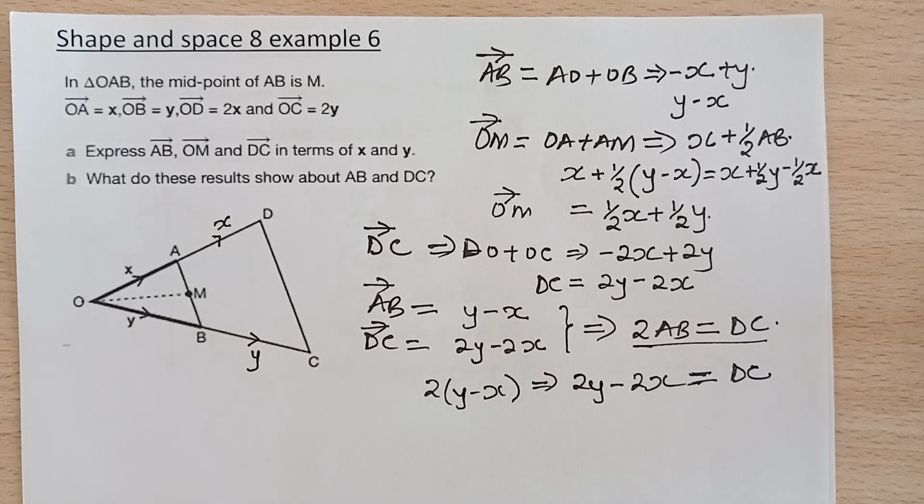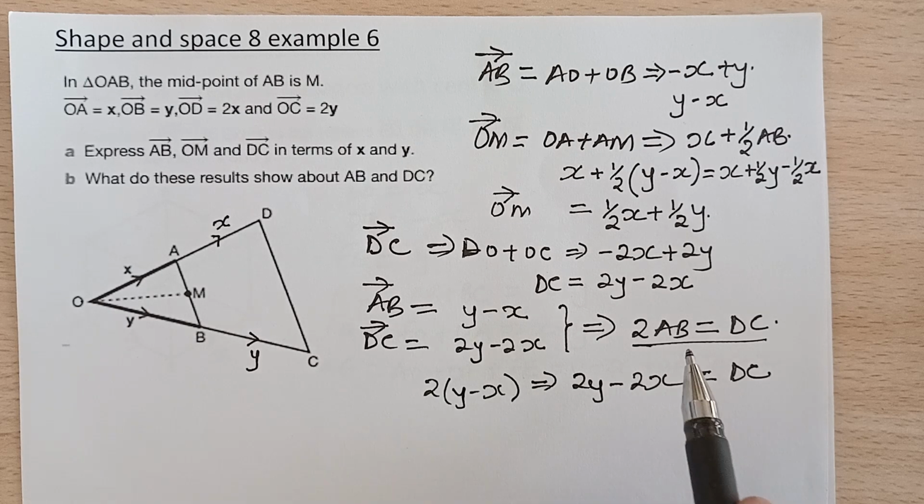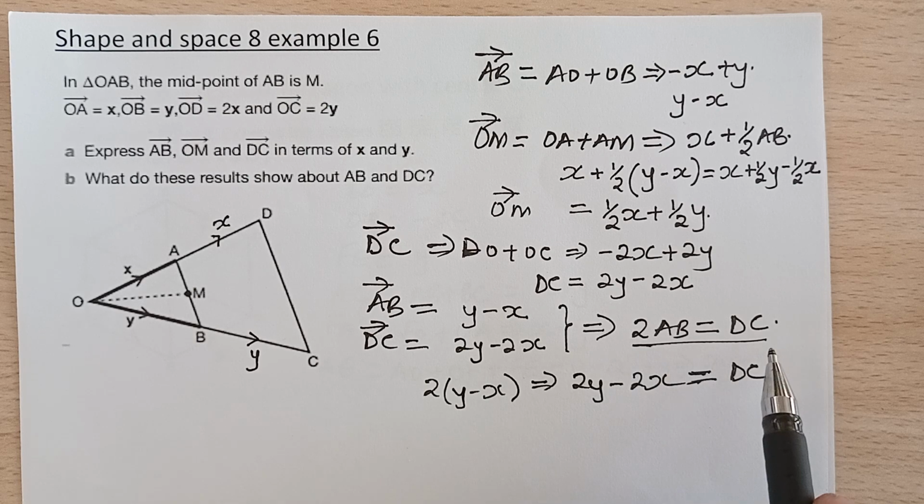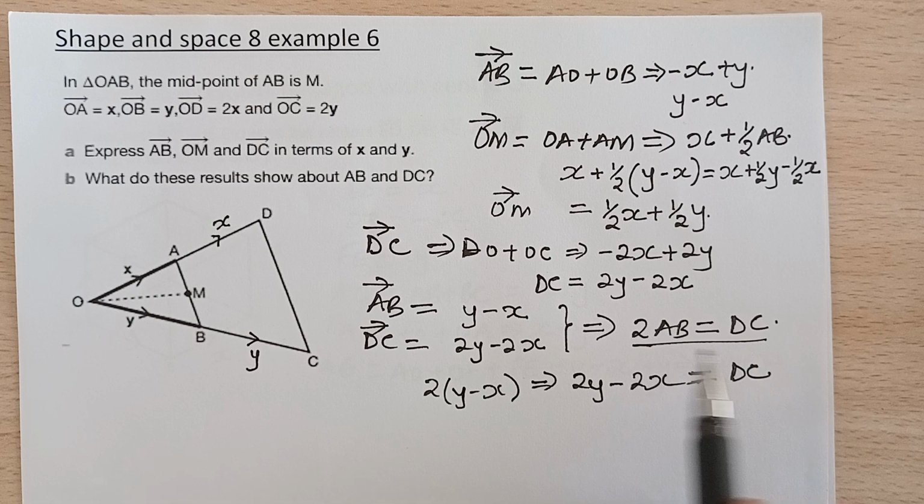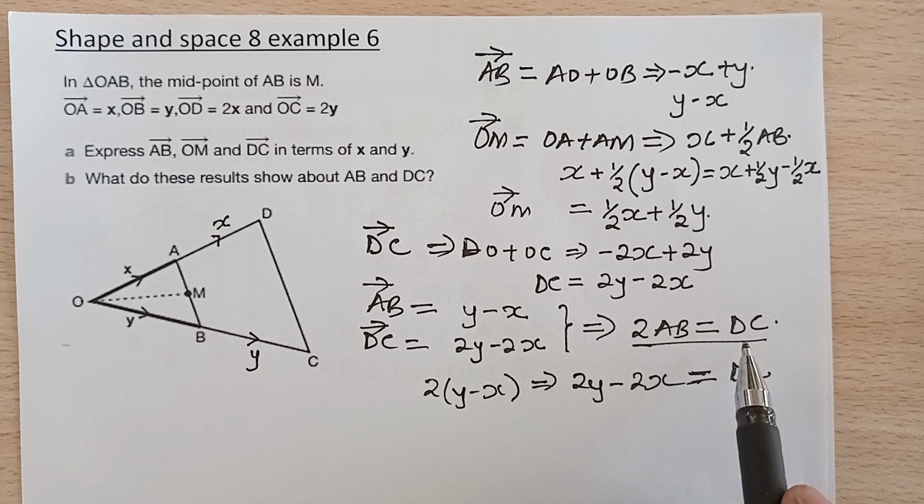So this is clear. What does that mean and what does that show? It shows very clearly that now that we are able to express vector AB as a scalar multiple of vector DC, the two vectors AB and DC are parallel.